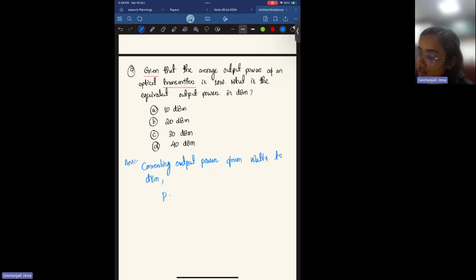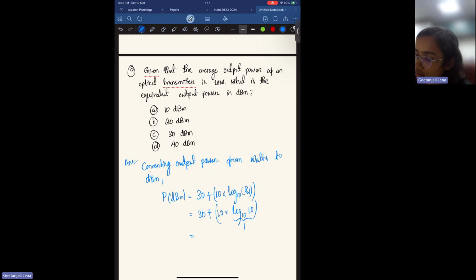So power in dBm is given by 30 plus 10 into log 10 of power in watt. And this is already given, power in watt is 10. So this is 30 plus 10 log 10 of 10.